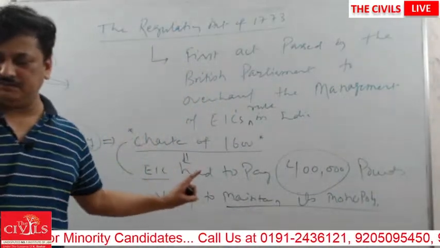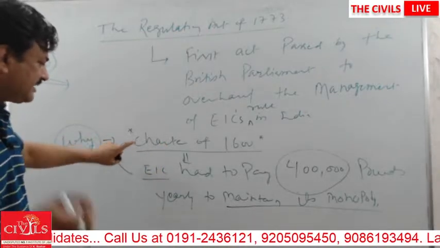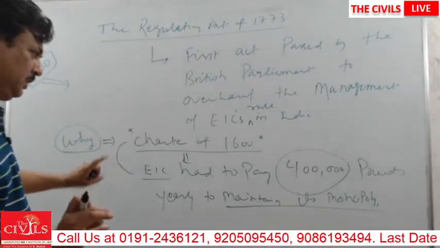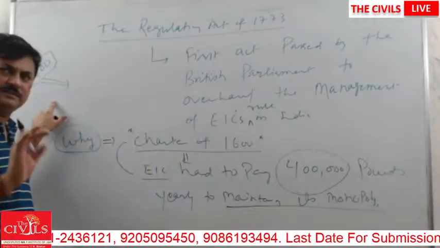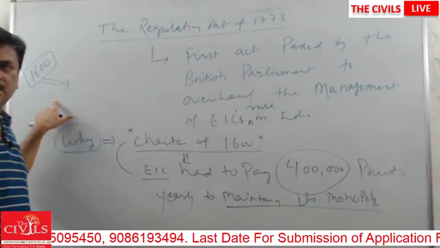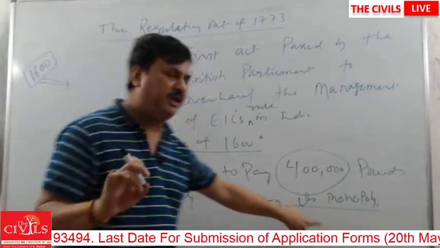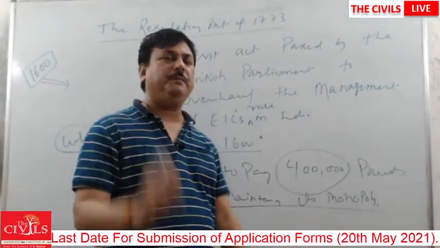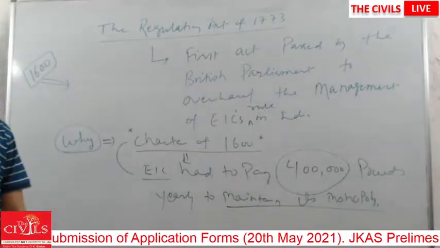Getting my points? In this charter it was clearly mentioned that to maintain this trade monopoly, which they got for 15 years, the company had to pay 4 lakh pounds yearly.